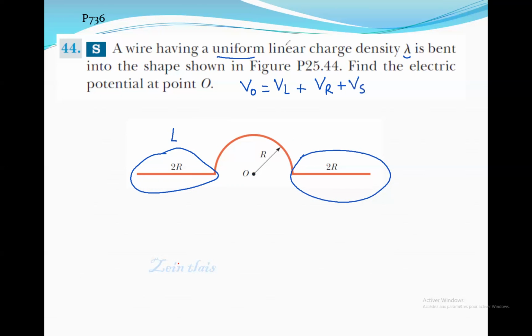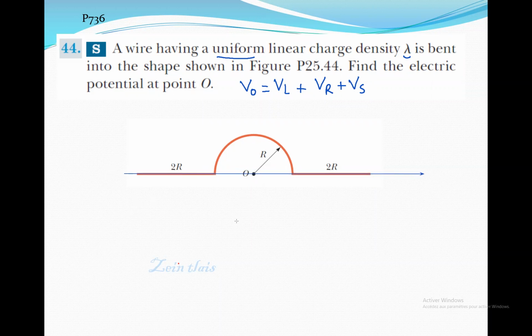Here, to calculate each one, I have to take a small element from each side. The most important point here, how can we take the x-axis of the system? You can take x and y, maybe like this, at the origin. Or you can take the y-axis at this point.